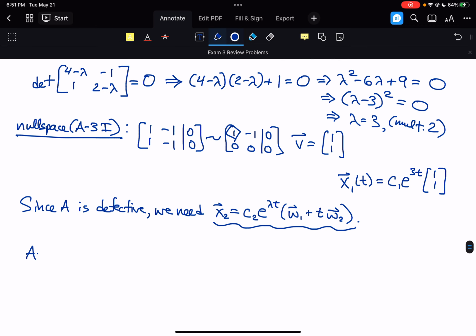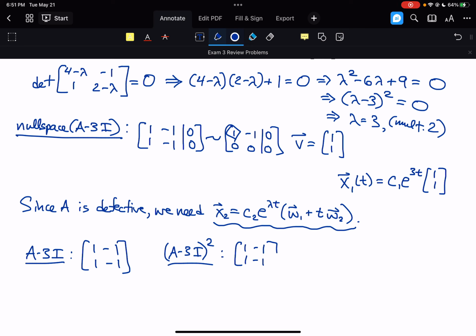So if we look at A minus 3I, that's just 1, negative 1, 1, negative 1. If we look at A minus 3I squared, so we take the matrix times itself, we get 1 minus 1, so 0. We get negative 1 plus 1, so 0. And then same thing, we get a 0, we get a 0.